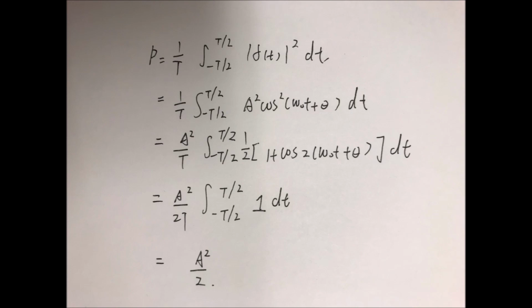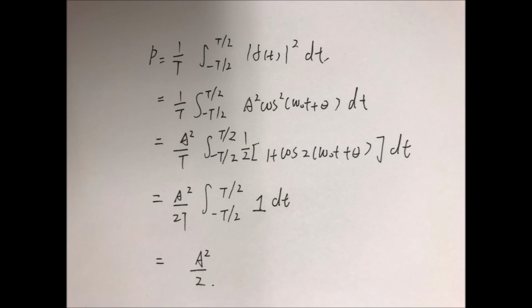I have a squared cosine. This trick we did many times: cosine squared is half of 1 plus cosine 2ω0t plus θ, dt. Cosine squared will be half of 1 plus cosine of twice the phase angle.